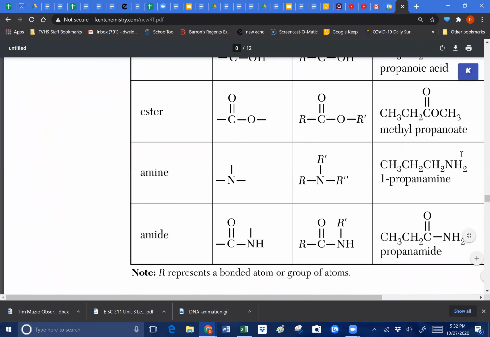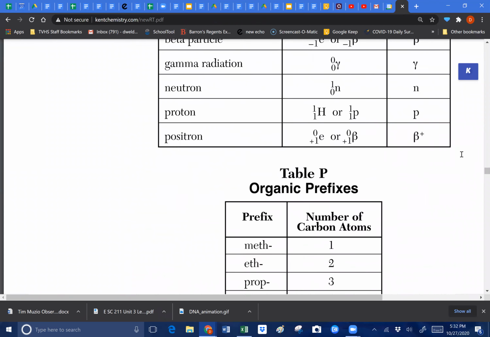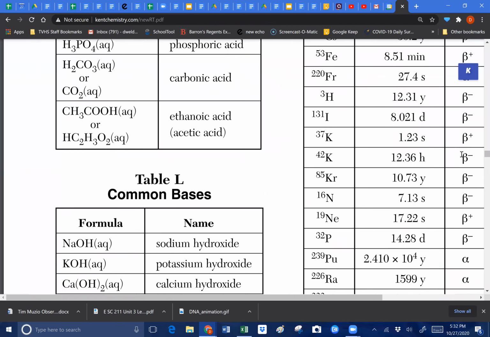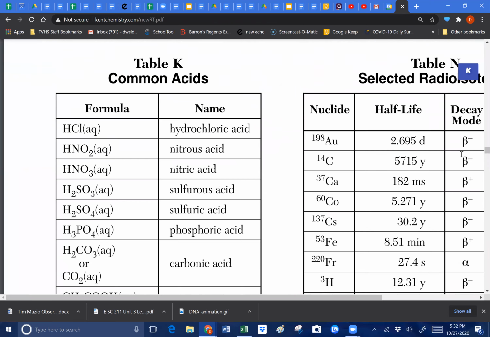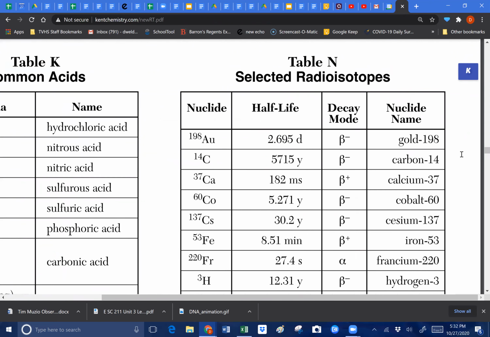Not looking at the periodic table, but on table N of your reference tables, it shows you the half-life of a lot of different radioisotopes. The nuclide is here, and the half-life here.